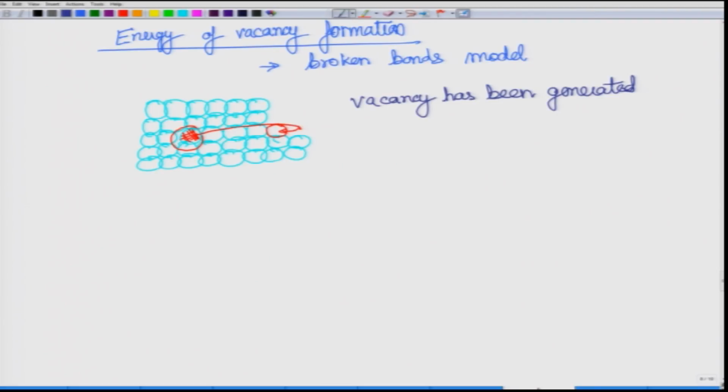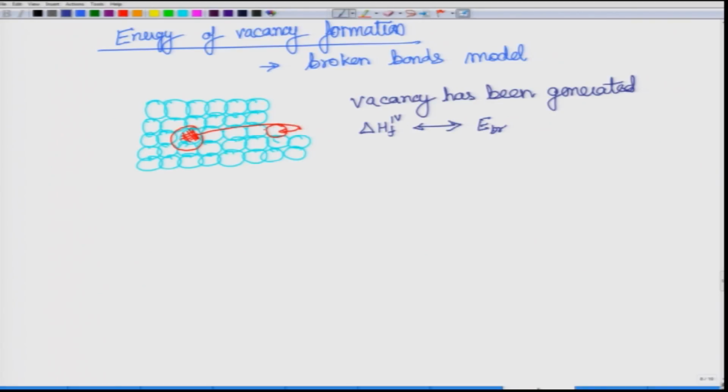Now, what is the change in the energy because of this? The delta HF 1V can be related to the energy of broken bonds. So, what is the energy that you need? One, the number of bonds that you have breaking here. So, that is the total amount of energy that was required.